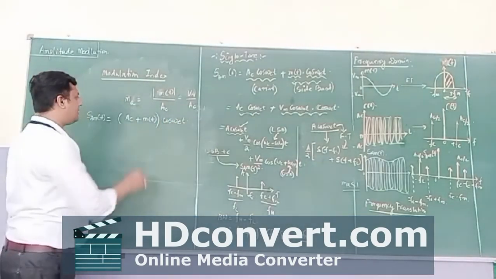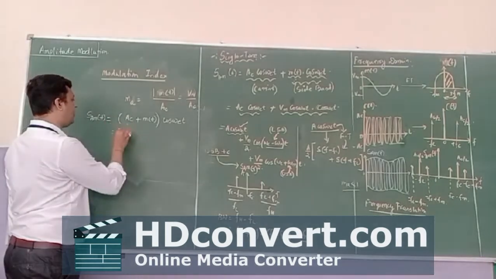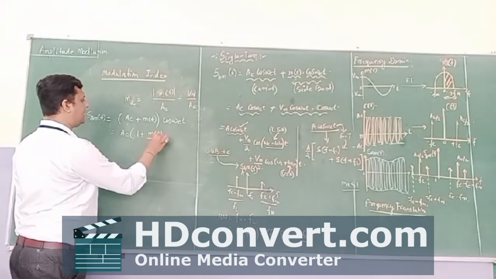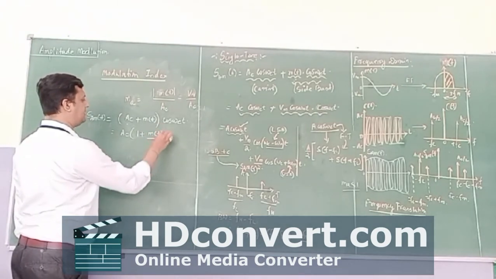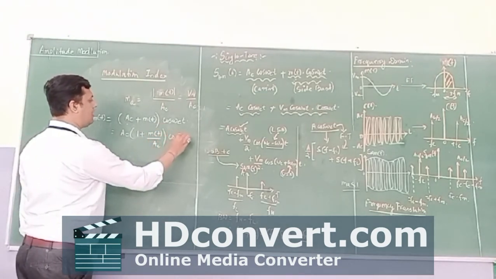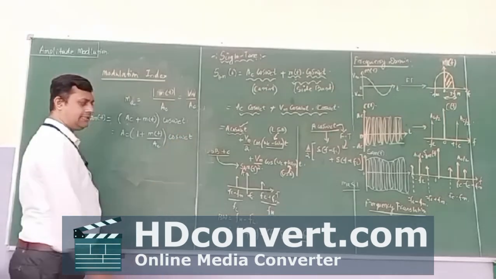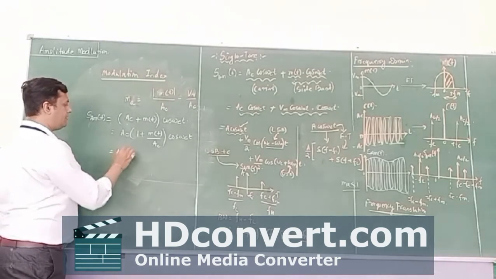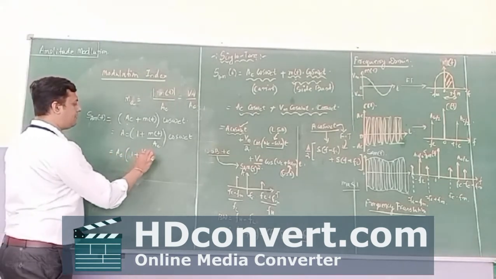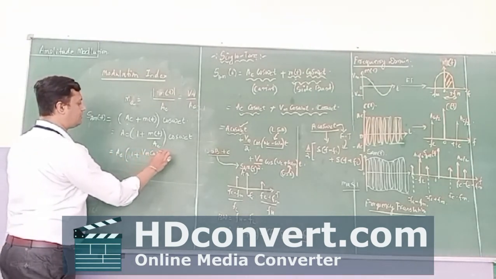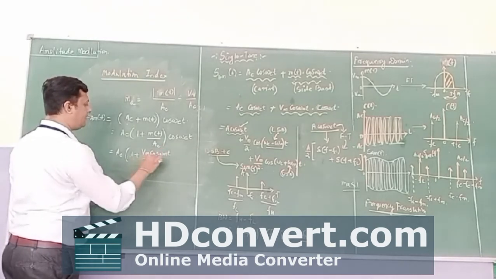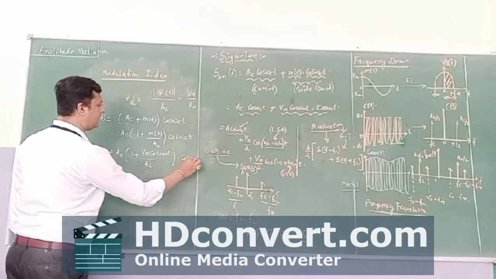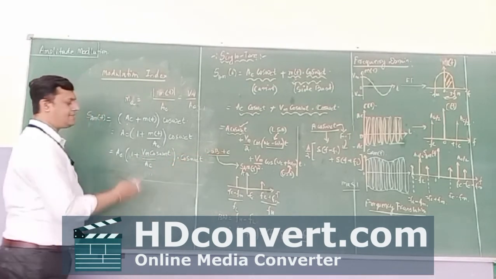Done? Now take AC as common. So you will get 1 plus m of t divided by AC whole into cos omega t. Now in place of m of t, substitute Vm cos omega mt, divided by AC, whole into cos omega ct.